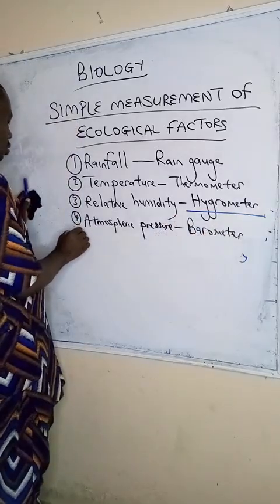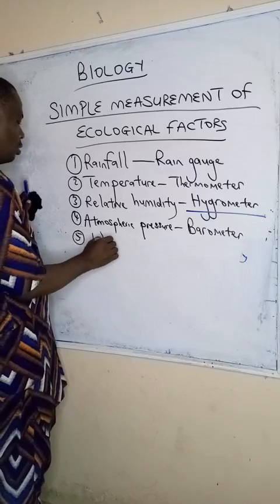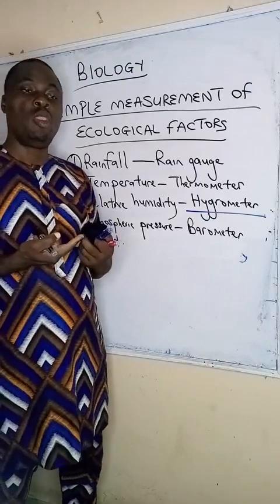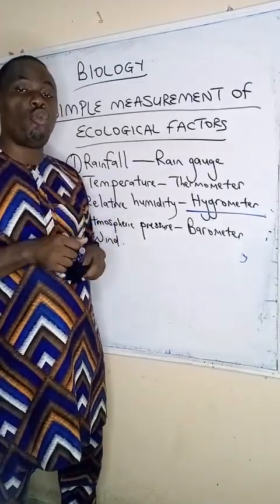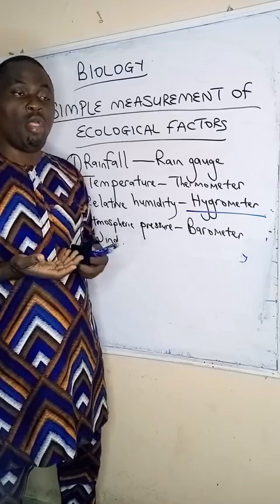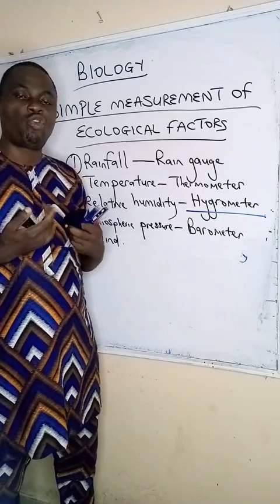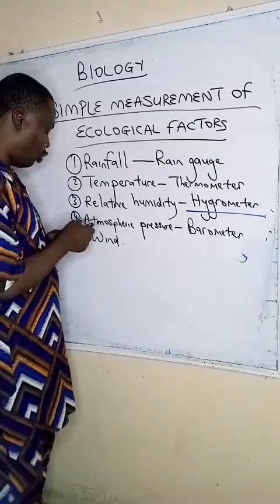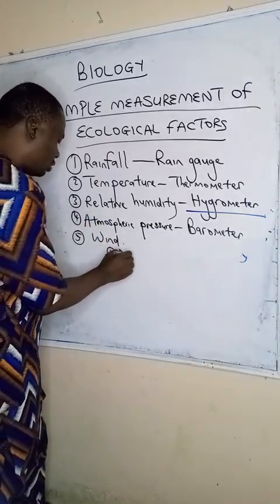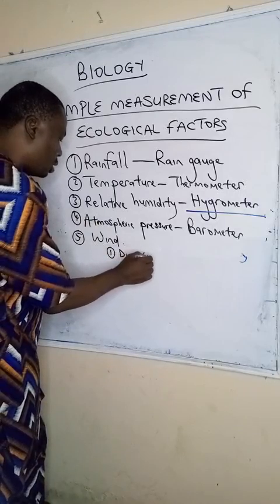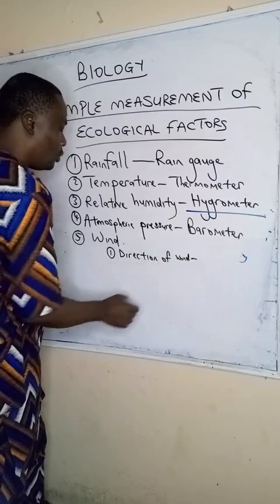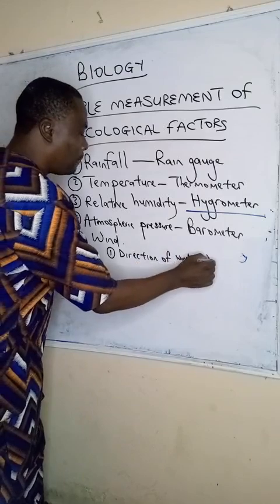Next one, we have wind. Now for wind, there are two forms. You have the direction of wind, that is, whether the wind blows towards the north, east, south, or west. Then you have the speed of the wind, how fast or slow the wind moves. Direction of wind is measured with the wind vane.